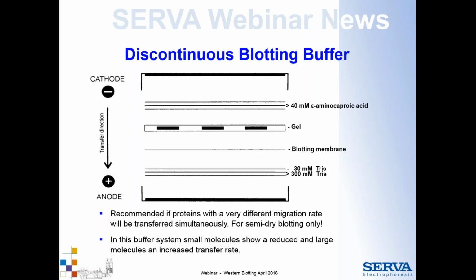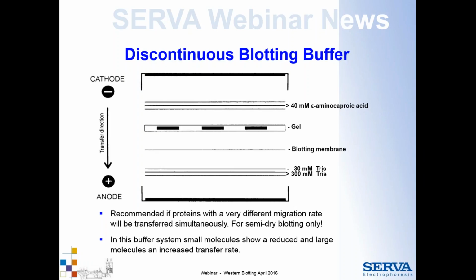This blotting system is recommended if proteins with different migration rates will be transferred simultaneously, because small molecules show a reduced and large molecules an increased transfer rate. So they will be transferred in a similar way.